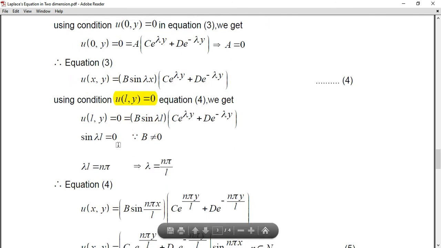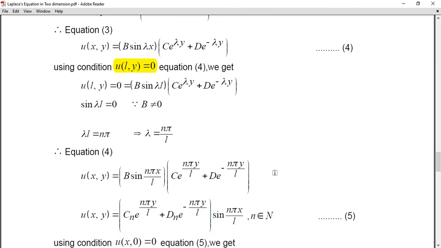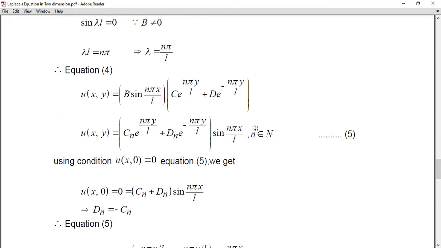Now when sin λL equals 0, λ equals nπ upon L. Again in equation number 4, when we put the value of λ, u(x,y) equals b sin(nπx/L) (c e^(nπy/L) + d e^(−nπy/L)). Now when we multiply b with c, and similarly b with d, we assume new constants c_n and d_n.